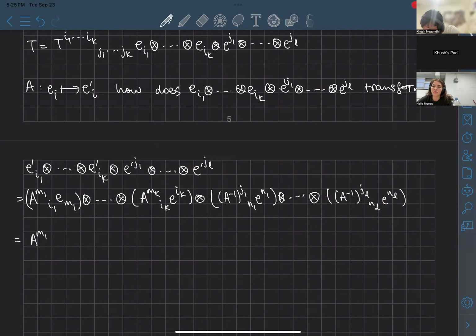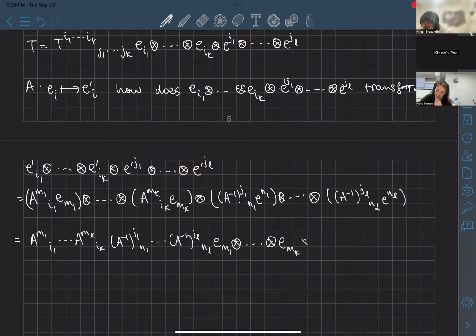So we have A^{m1}_{i1} up to A^{mk}_{ik} times (A^{-1})^{j1}_{n1} up to (A^{-1})^{jl}_{nl} times e_{m1} tensor up to e_{mk} tensor e^{n1} up to e^{nl}. Sorry, this should be lower, this should be mk.